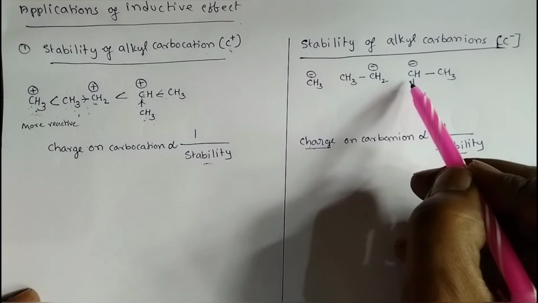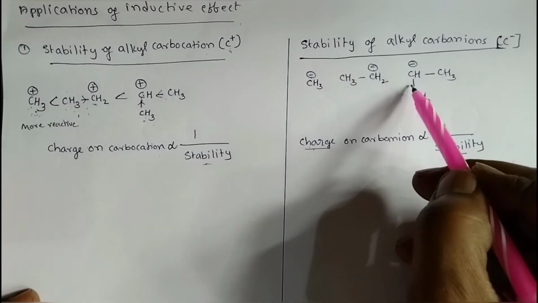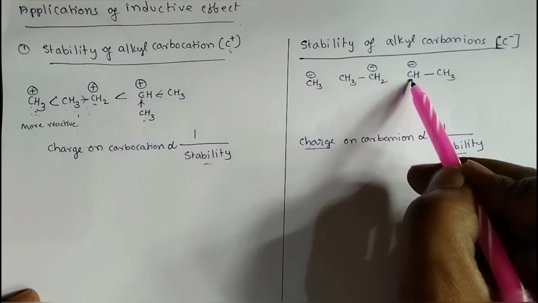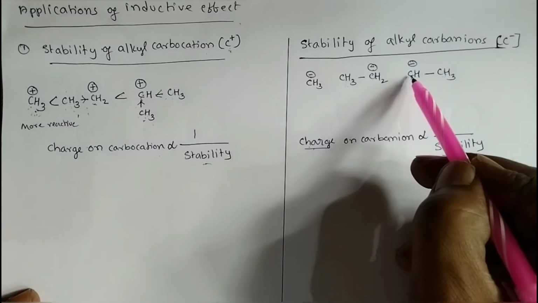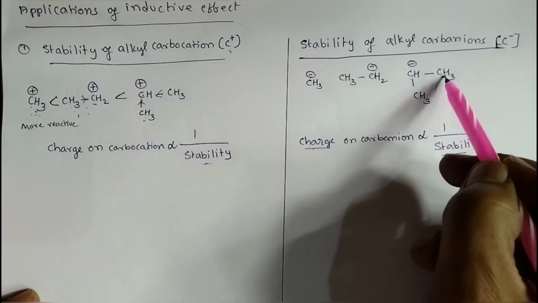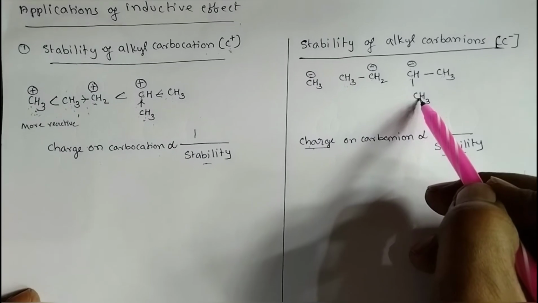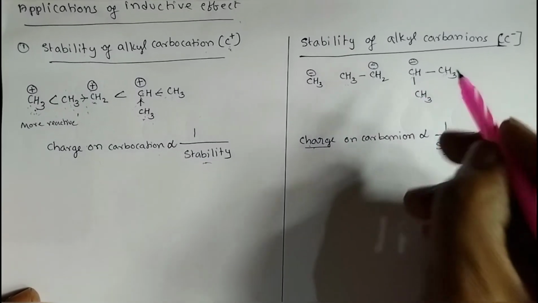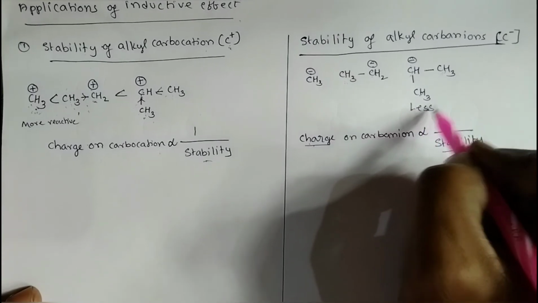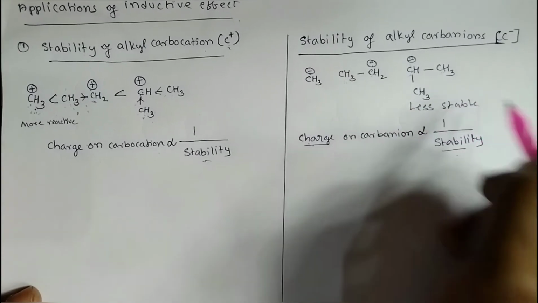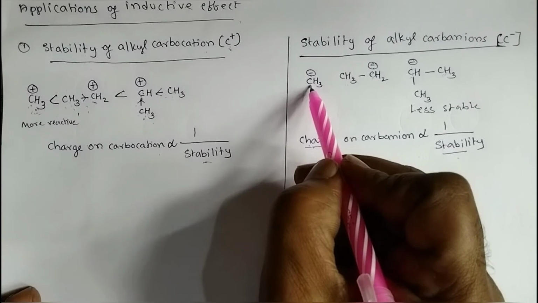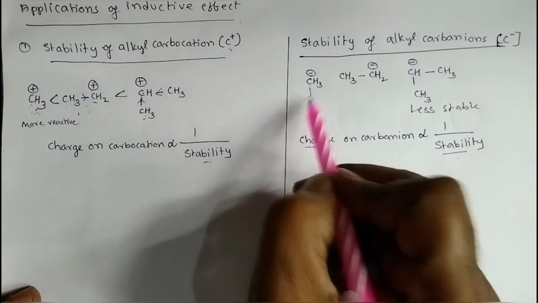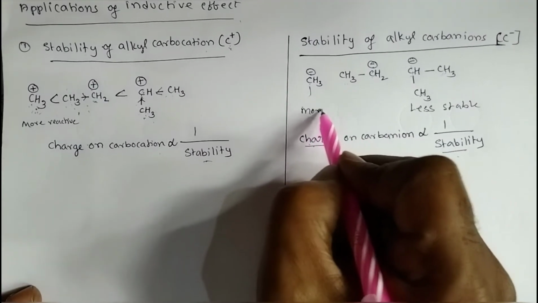Now let us see which carbanion has more negative charge. This carbanion has more negative charge, or more electron density, due to electron donating groups. This one has more charge, which means less stable. And this one has less charge due to the hydrogen atom, which means more stable.